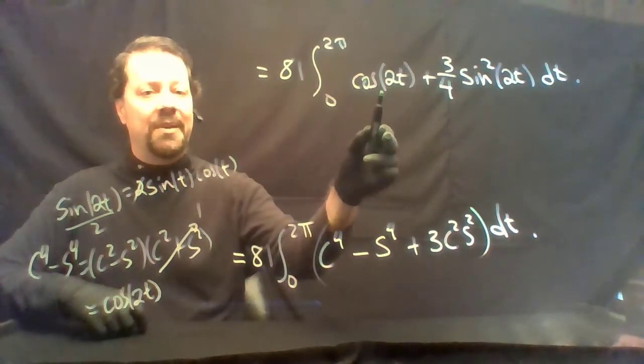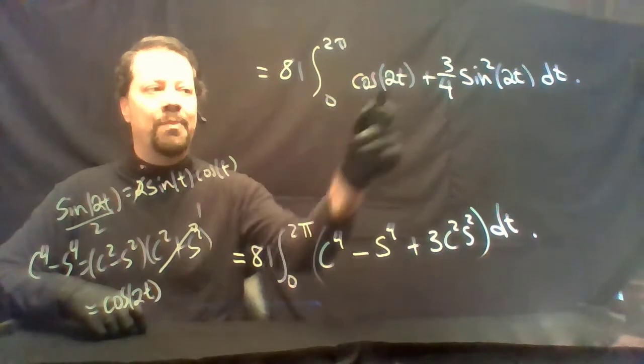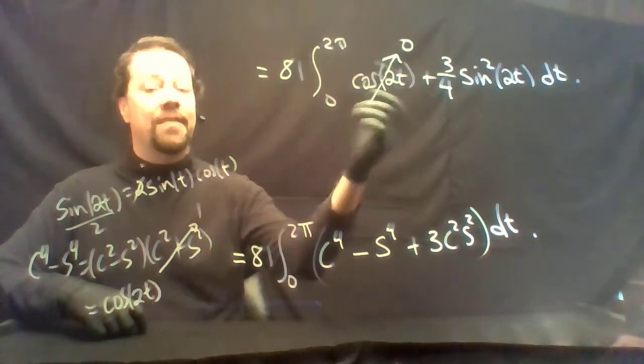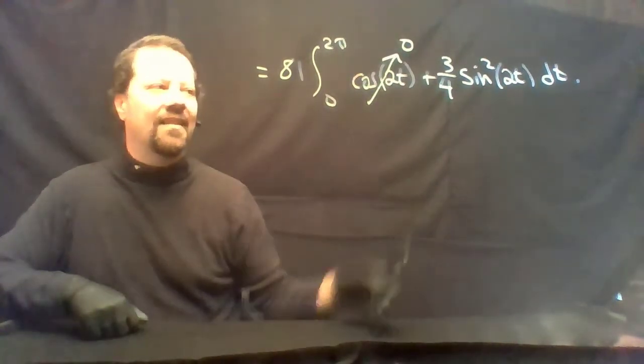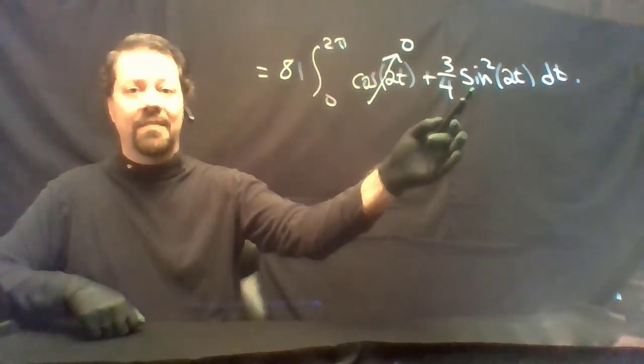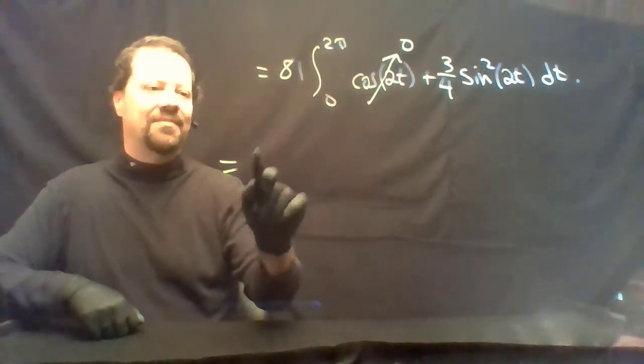Cosine 2t has a period of pi, and we're integrating over 2 periods. So the first term contributes nothing. For the second part, we use a half-angle identity.